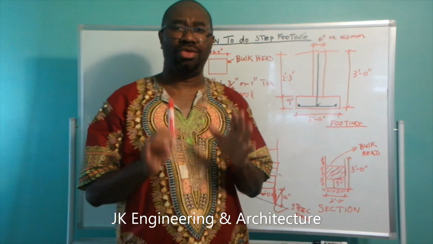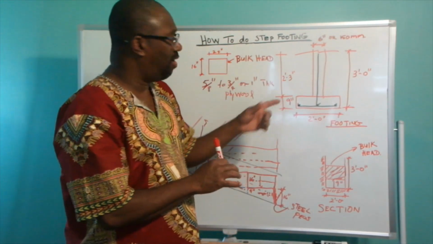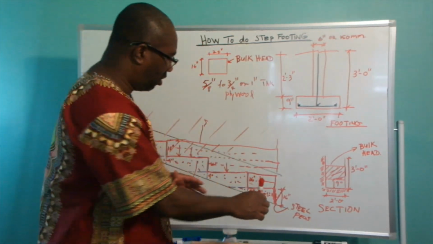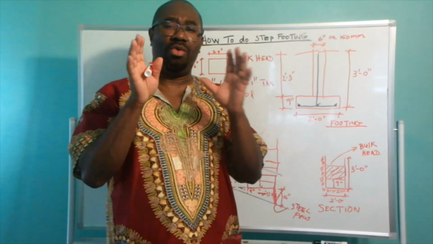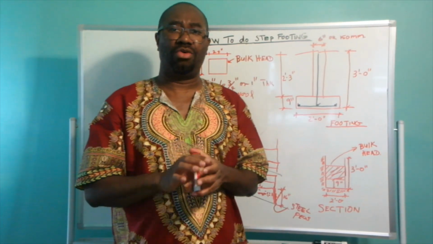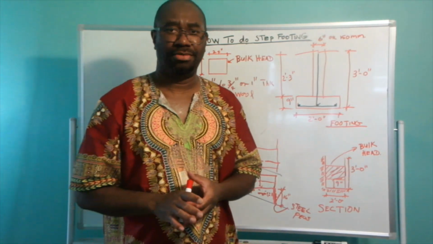I have stated to you earlier about the thickness of your foundation as it relates to step footing, that the thickness of your wall footing is there to resist against what is known as punching shear.